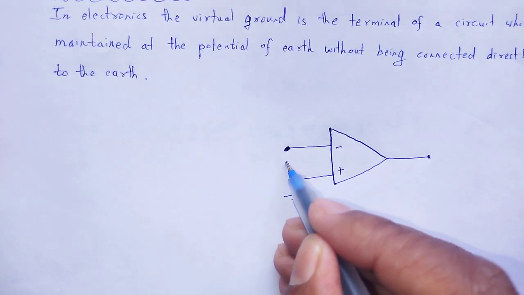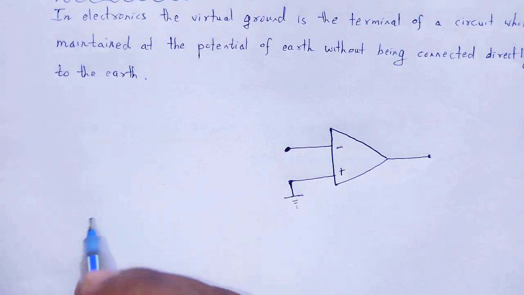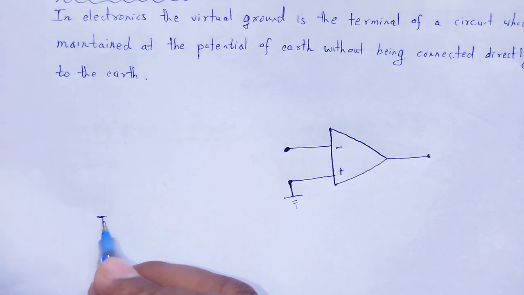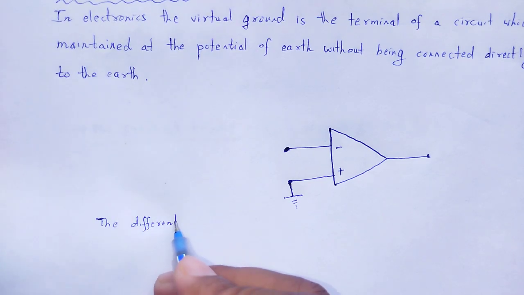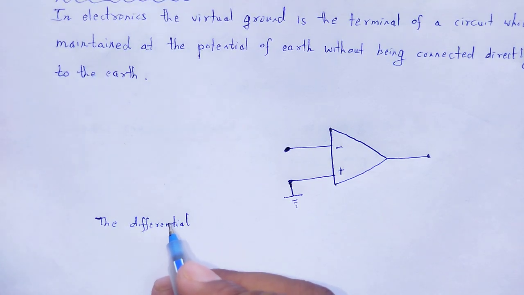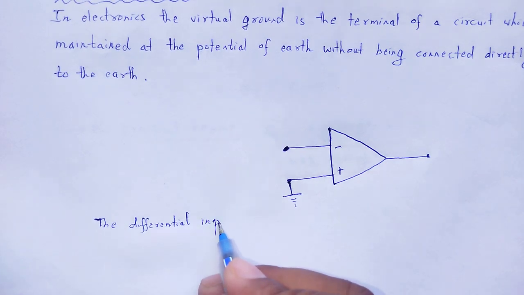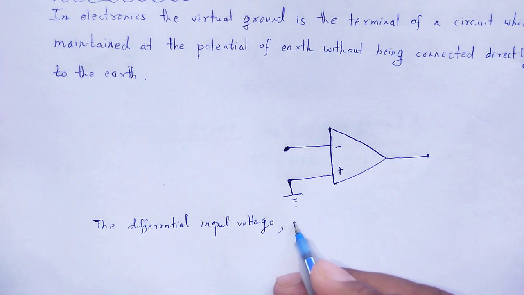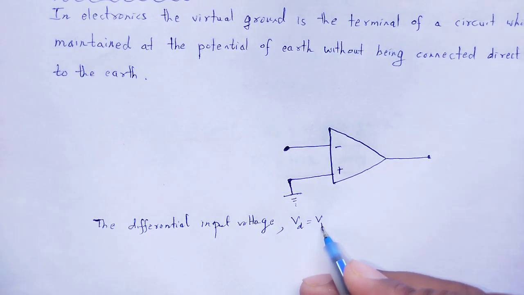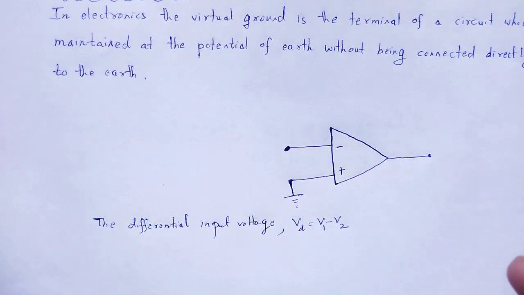Here we know Vd, the differential input voltage, Vd is equal to V1 minus V2.